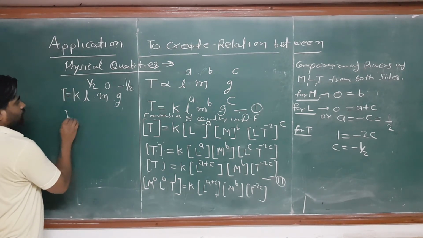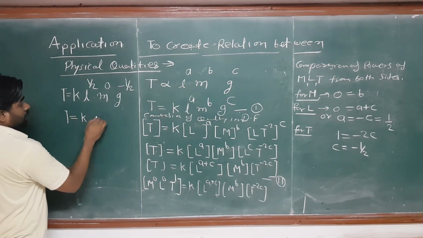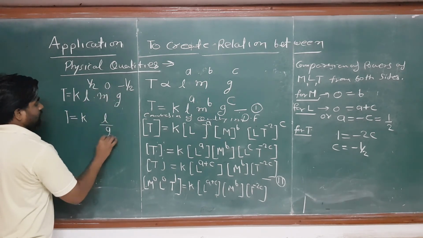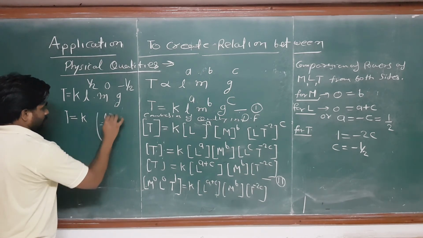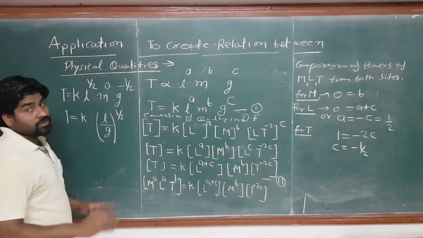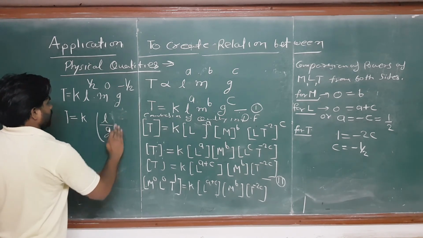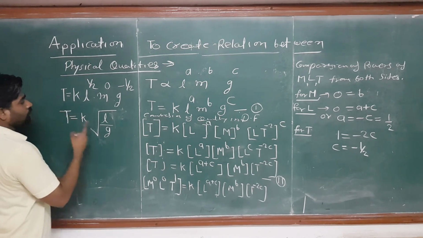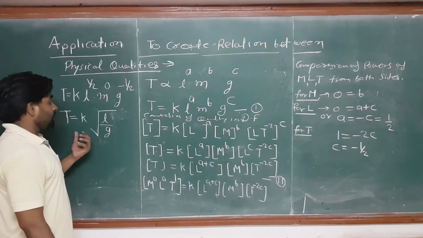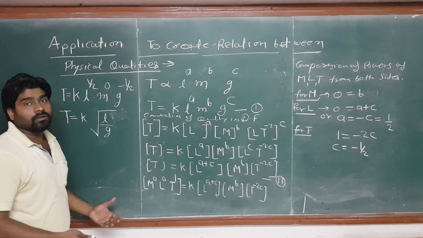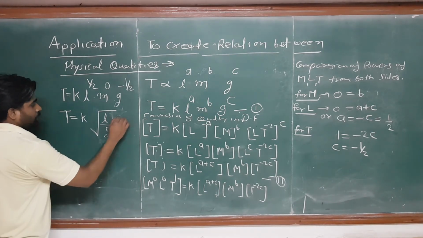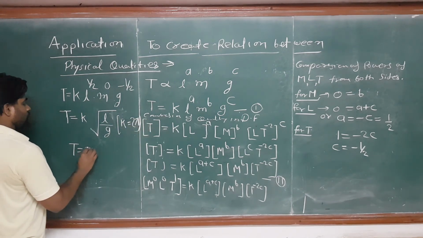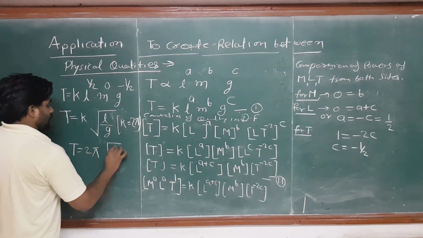Then T equals K L to the power 1 by 2 and G to the power minus 1 by 2, that is L by G with the whole power 1 by 2, which we can write as a root. So T equals K under root L by G. Here K is an angle, a unitless quantity, so let K be 2 pi. Then T equals 2 pi under root L by G.